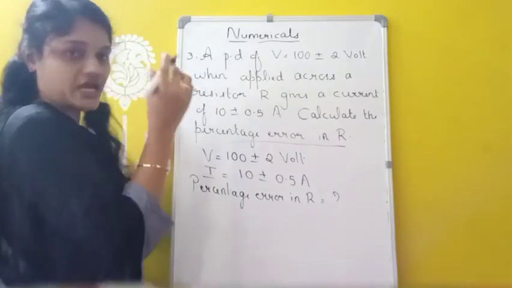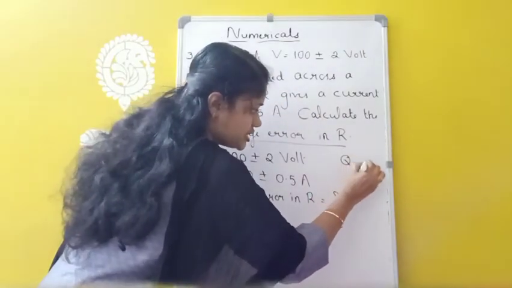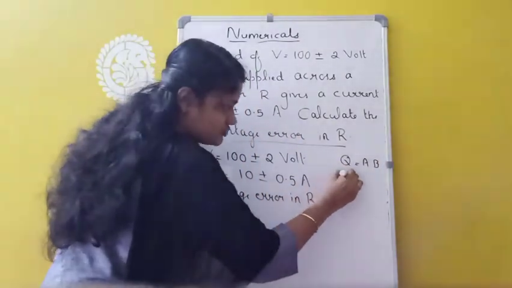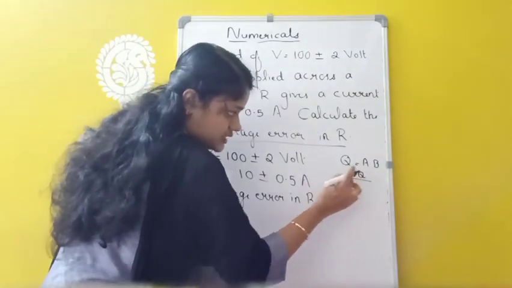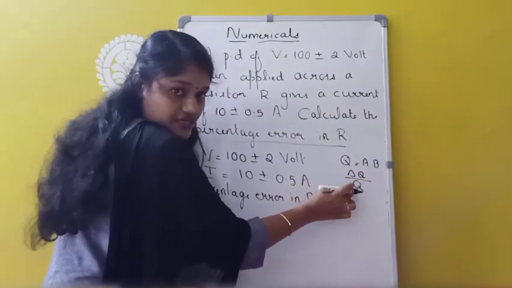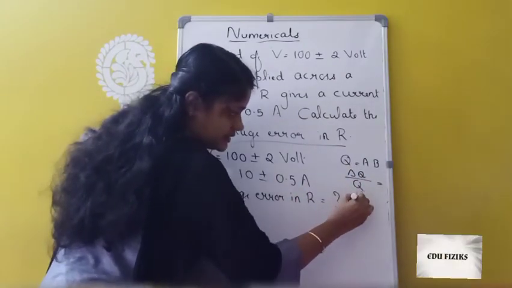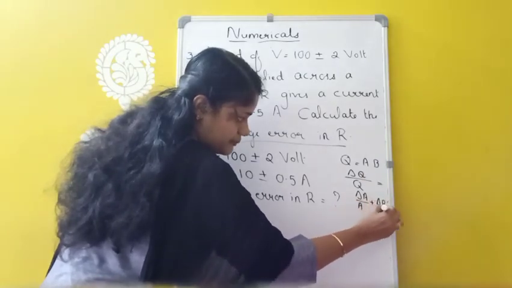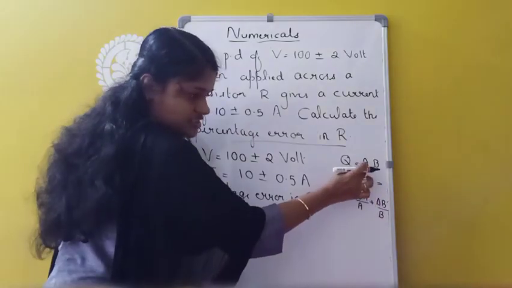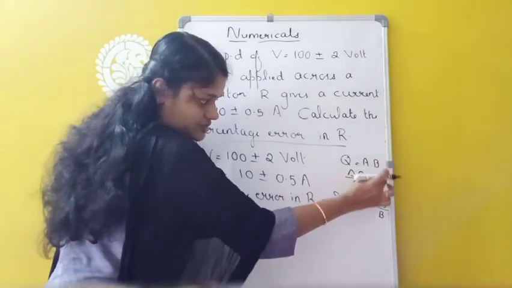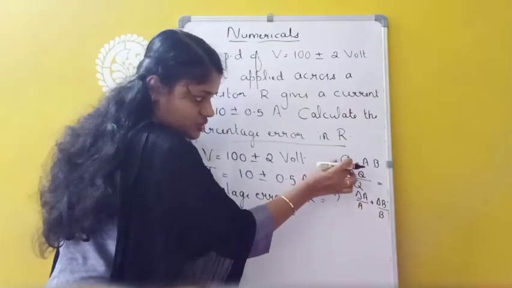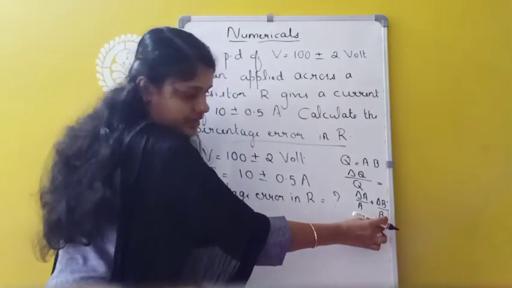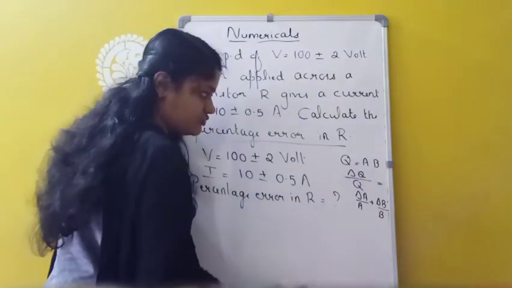So I'm telling you, suppose we have a physical quantity Q equals A into B. Then the relative error in the measurement of Q, where relative error means absolute error divided by true value, is given as delta A by A plus delta B by B. That means relative error in the measurement of A plus relative error in the measurement of B. So delta Q by Q equals delta A by A plus delta B by B. Suppose you want to find the percentage error, how will you find?